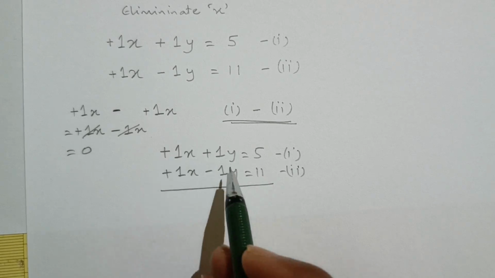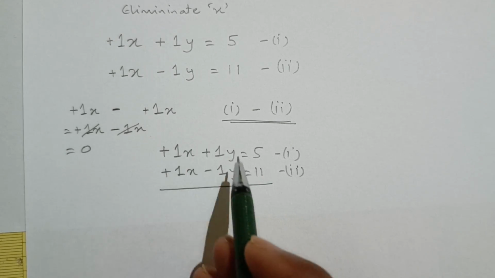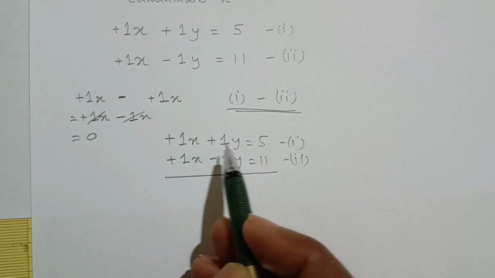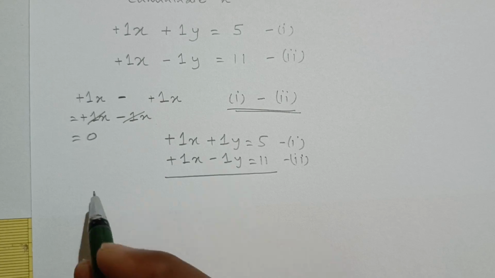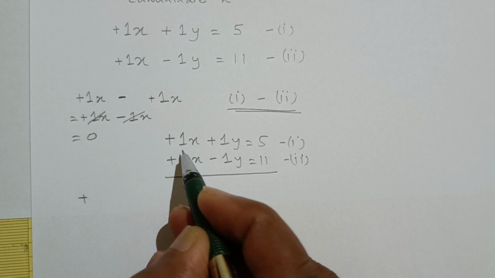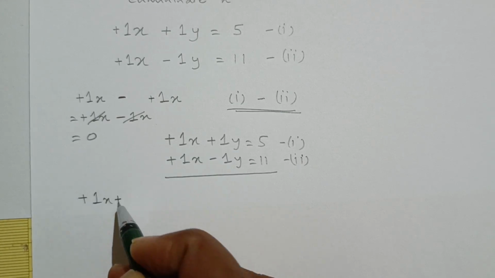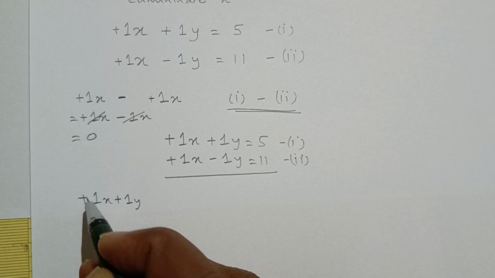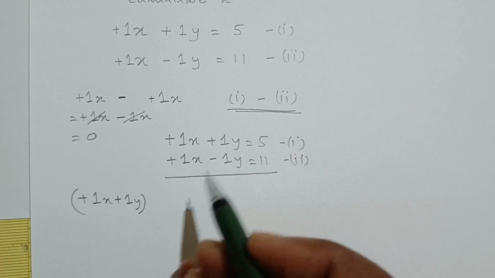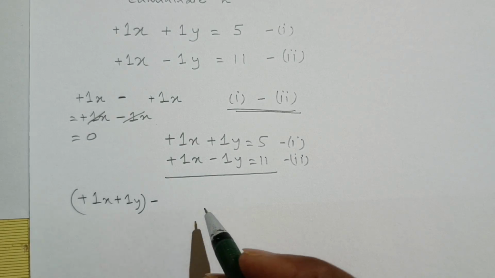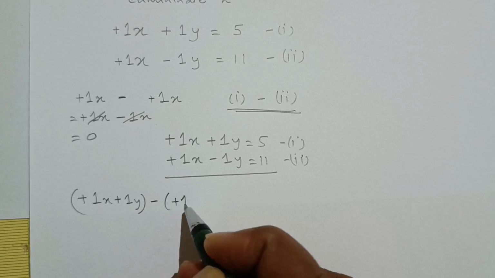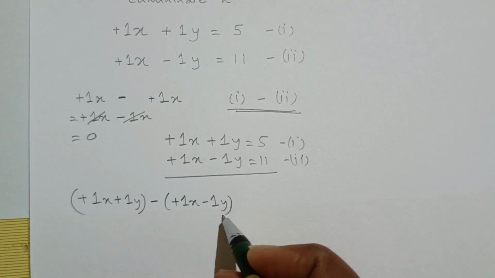First let us do the left hand side. On the left hand side we will do equation 1 minus equation 2. The left hand side of equation number 1 is plus 1x plus 1y. This is the left hand side of equation number 1 minus the left hand side of equation number 2, which is plus 1x minus 1y.